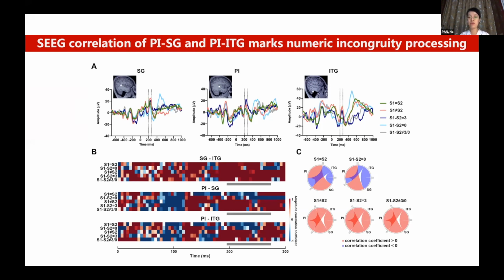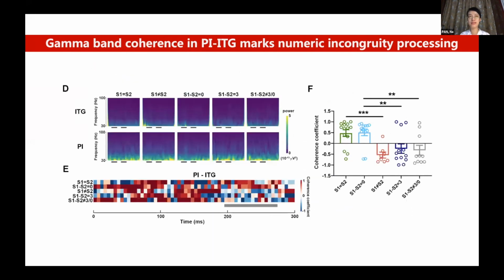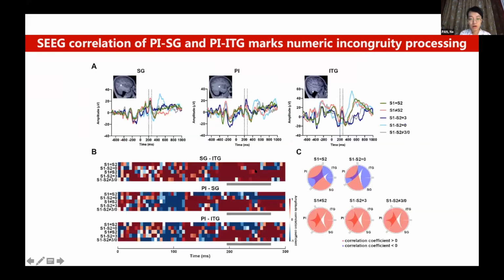To confirm this result, we also analyzed the signal in the frequency domain, and we screened the 6 conventional bands: delta, theta, alpha, beta, gamma, and ripple. I forgot to mention that only during this time, 195 to 275 milliseconds, there was a significant difference.